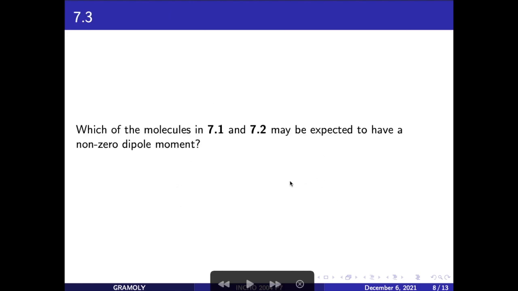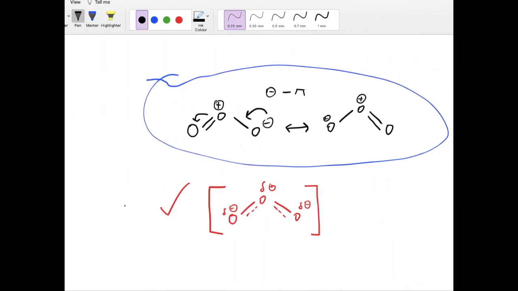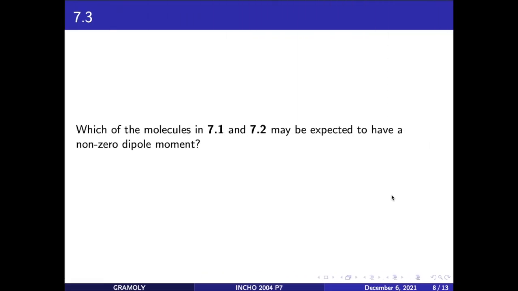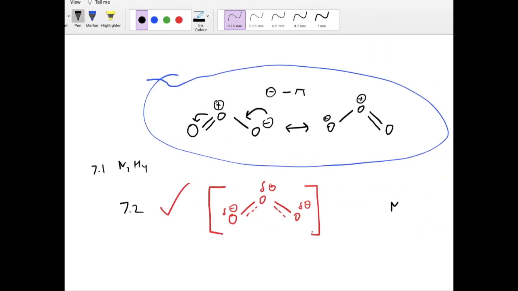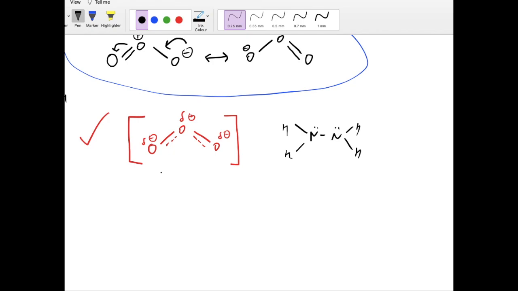Now, which of the molecules in 7.1 and 7.2 may be expected to have non-zero dipole moment? In 7.2 we had the resonance hybrid of ozone, and in 7.1 we had N2H4, which would show a non-zero dipole moment. So in these two compounds, both would have non-zero dipole moment.